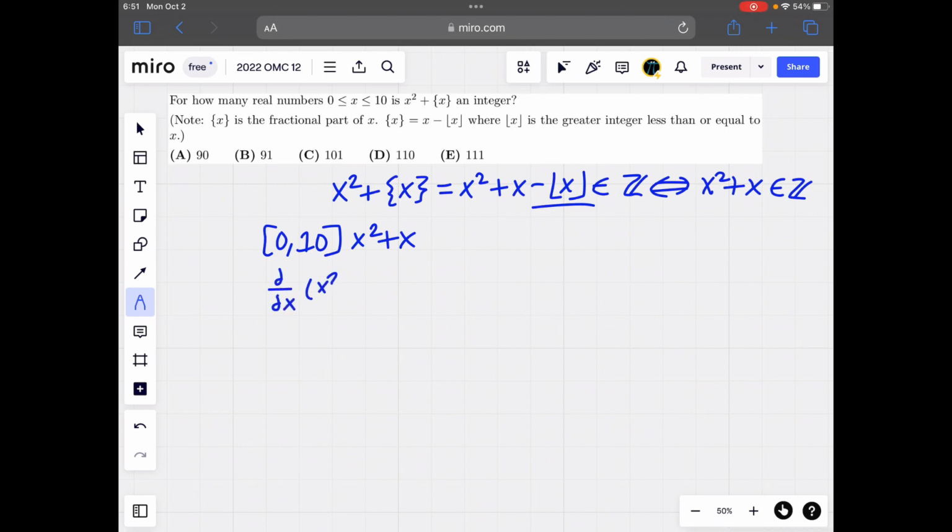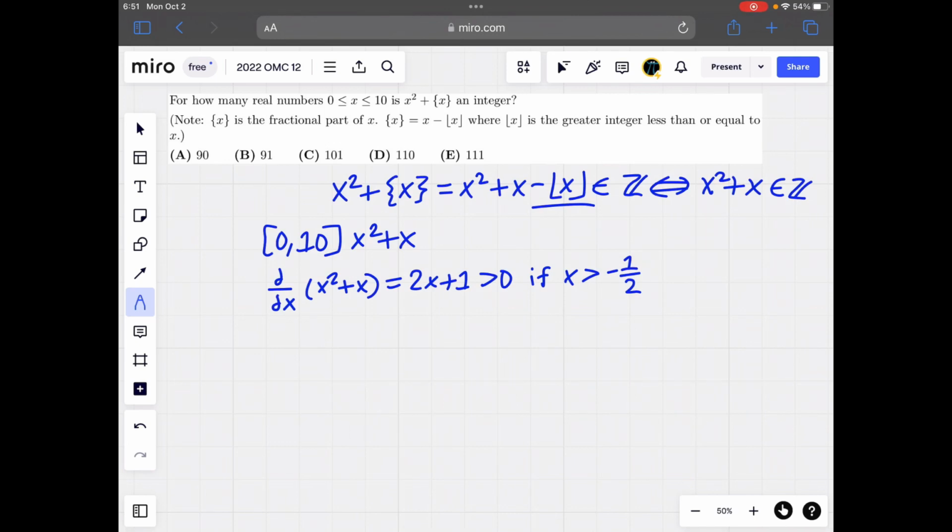We know that d over dx of x squared plus x is equal to 2x plus 1, and that's greater than 0 if and only if x is greater than negative 1/2. That's lower than any value in the interval 0 to 10, so on that interval, x squared plus x is always increasing.